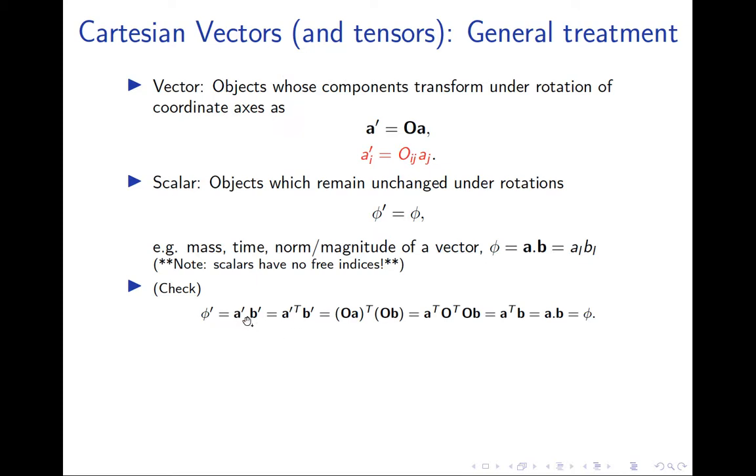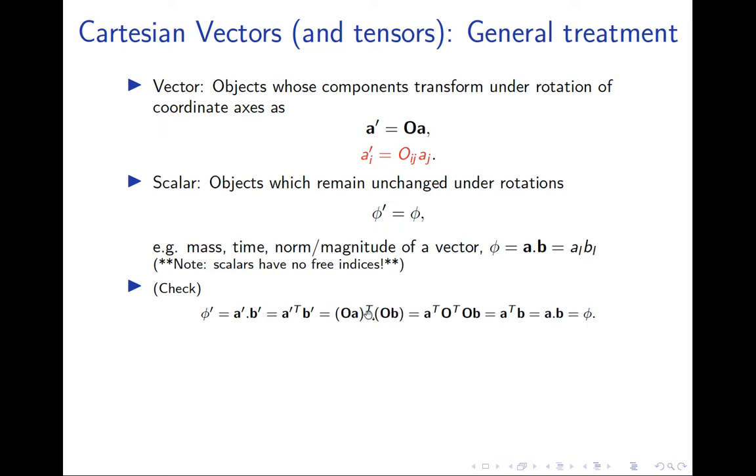So a prime dot b prime is a prime transpose multiplied with b prime. But these are vectors, so under rotation they will transform like this. So we replace a prime by OA, transpose of that, whole transpose, and then b prime we replace by OB.